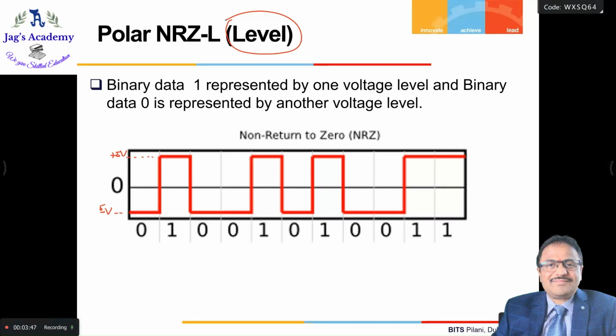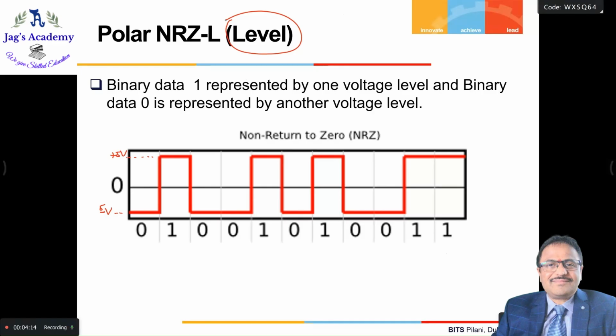Now the third one is another way of representing polar non-return to zero level. Where we have your one represented by plus V, zero represented by minus V. So these are the two polarities.